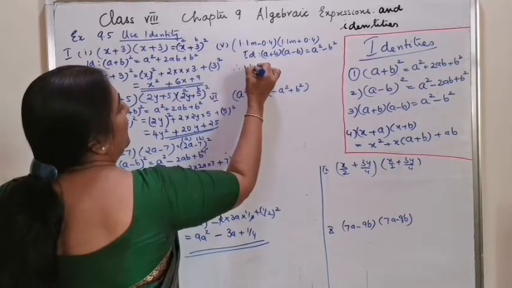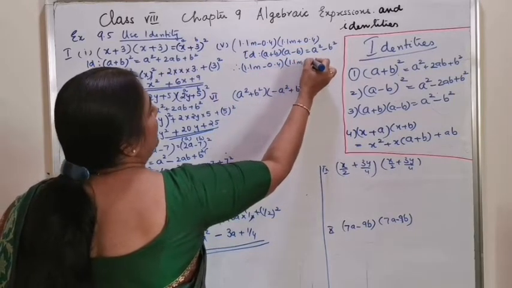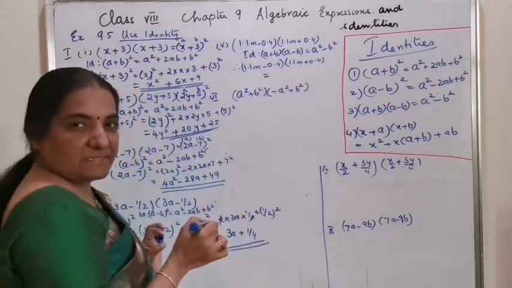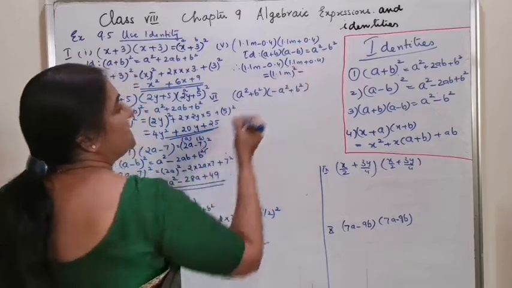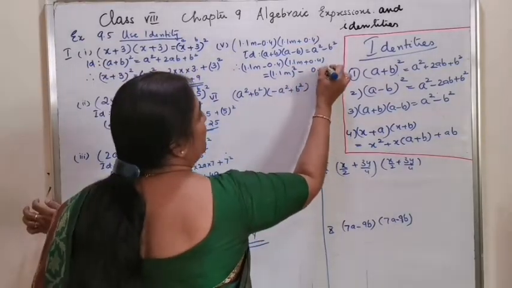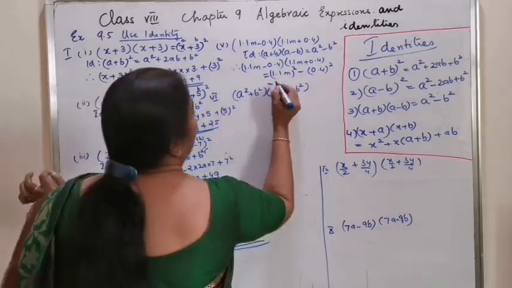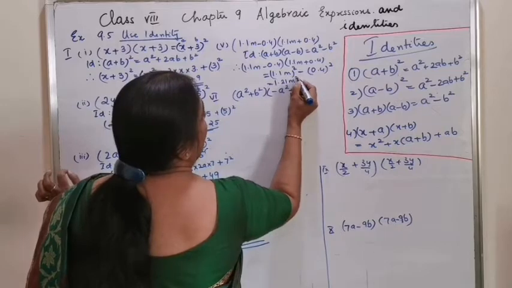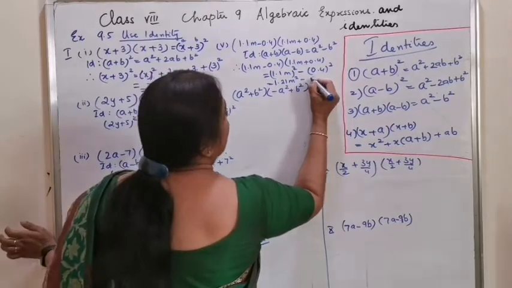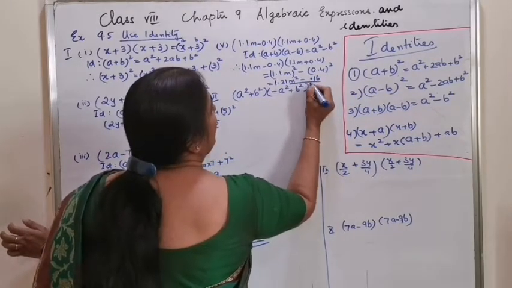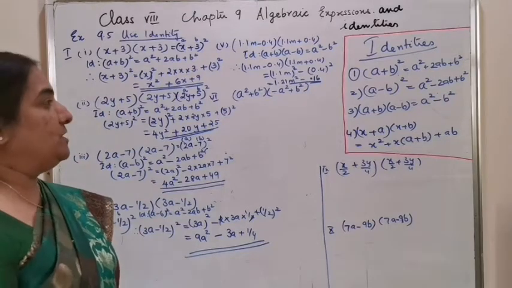Therefore, (1.1 m minus 0.4) into (1.1 m plus 0.4) is the same as (1.1 m) the whole square minus (0.4) the whole square. 11 square is 121. 2 places, 1.21 m square minus 4 4s are 16. 2 places from the right, 0.16, or the answer is 1.21 m square minus 0.16.